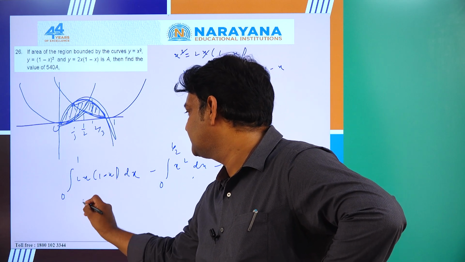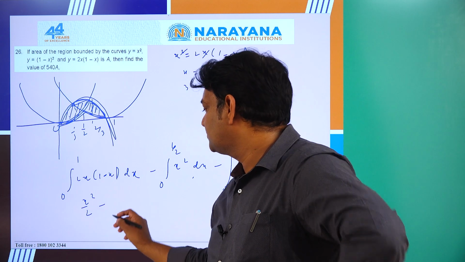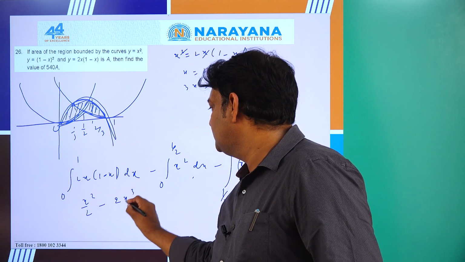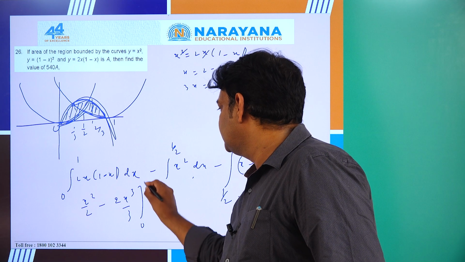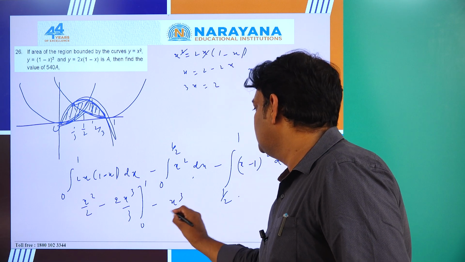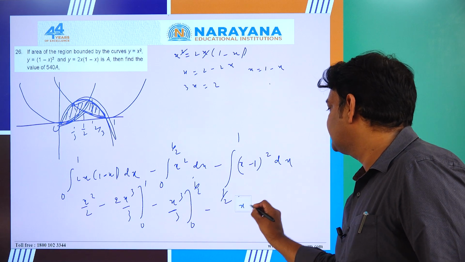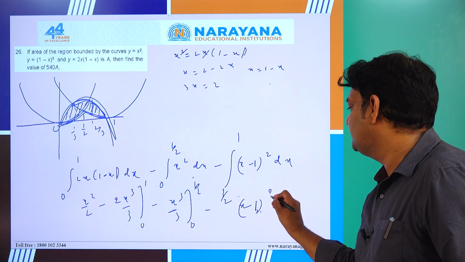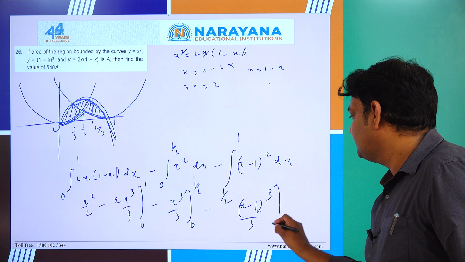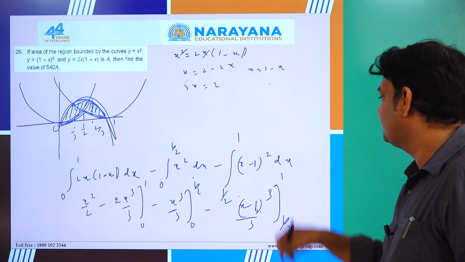2x integrates to x square by 2 minus 2x cube by 3 from 0 to 1, minus x cube by 3 from 0 to 1 by 2, minus (x minus 1) whole cube by 3 from 1 by 2 to 1.